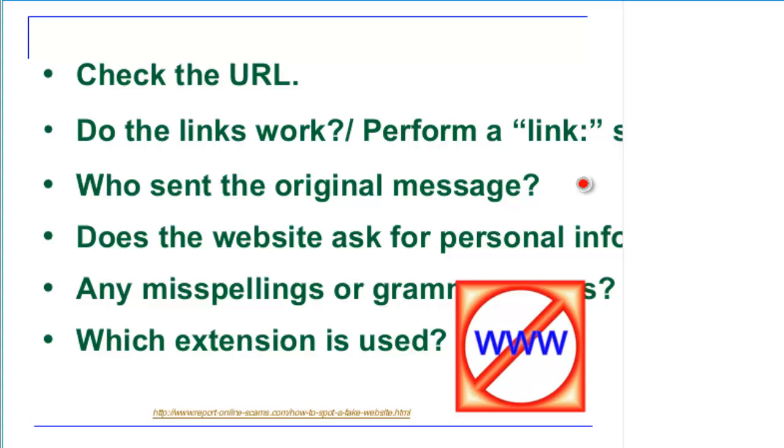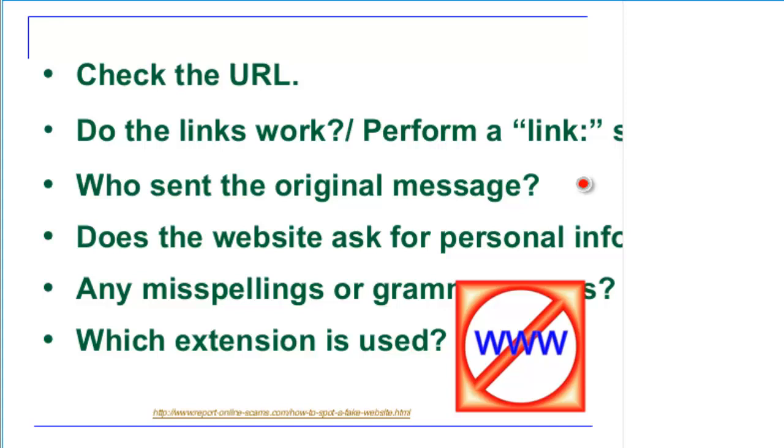And again, chances are your friend didn't send this info. So how do you check to see if it's real? Call your friend. Say, hi, I just got an email from you asking me for $100. I'm happy to send it to you, but did you really send this? And chances are your friend will say, what are you talking about? I have no idea. So again, a 2-second phone call can save you years and years of trouble down the road.